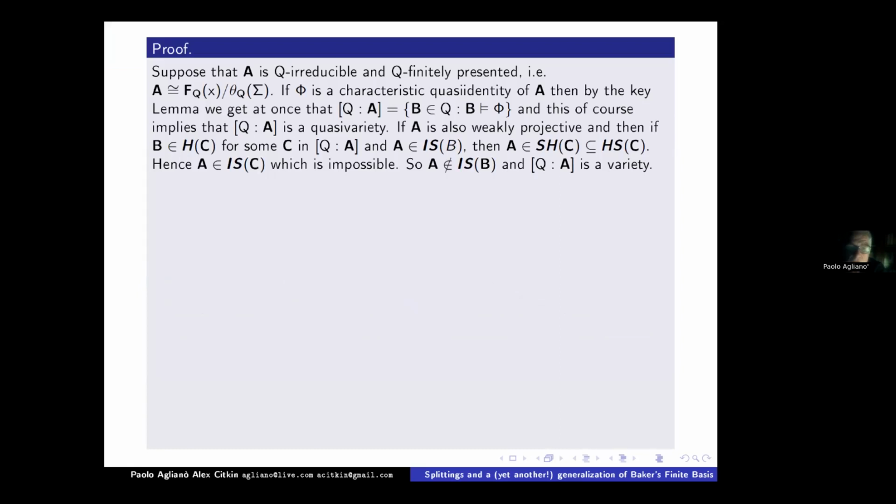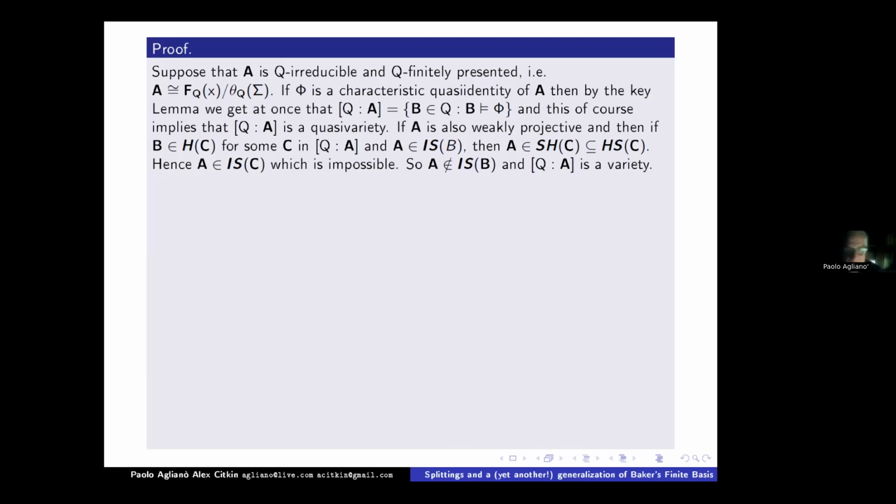If A is also weakly projective, then suppose B is a homomorphic image of some C in Q of A, and A is a subalgebra of B. Then A is a subalgebra of a homomorphic image of C, which is a homomorphic image of a subalgebra of C. And so A would be a subalgebra of C, which is impossible.